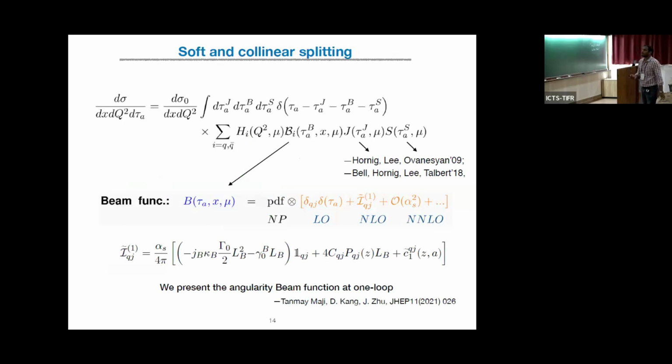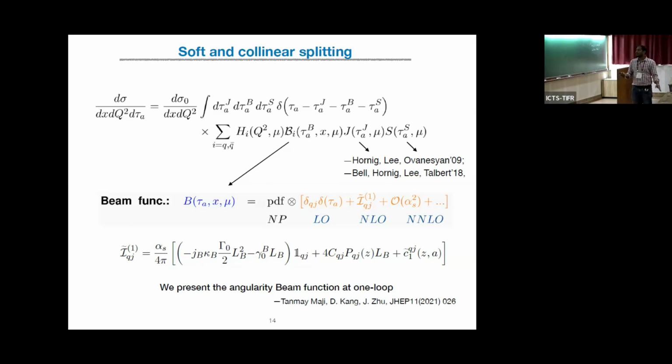Okay. So now, what is the status of the different distributions? The jet function and soft function have basically been studied already. In this work, we focused on the beam part, which comes from the initial state radiation. The beam part can be written as a convolution of the non-perturbative part and the perturbative part, which has NLO coefficients, NNLO coefficients and so on.